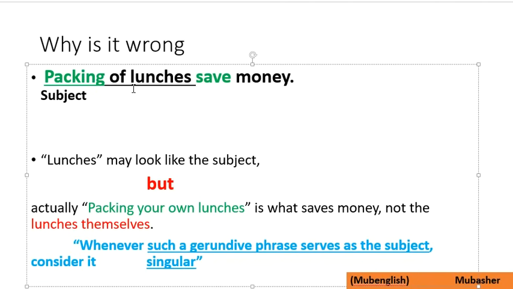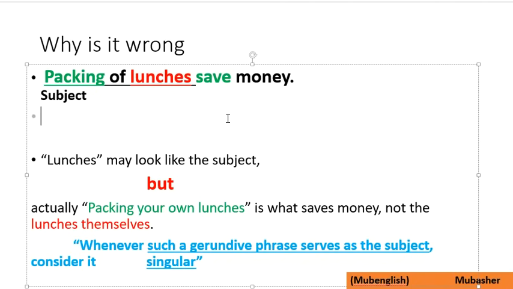that is about packing. So that's why we need to put here s or es, because this is a singular verb which is in accordance with packing. And if we are using it like this one and we are thinking that this lunches, which is the red one now, then our thinking is wrong.